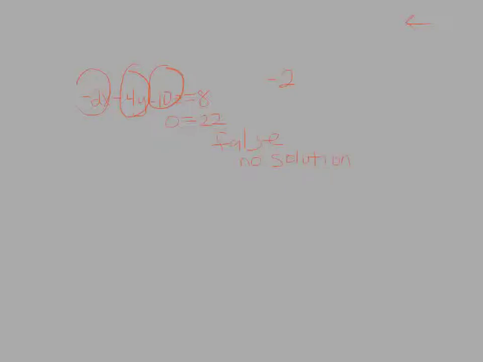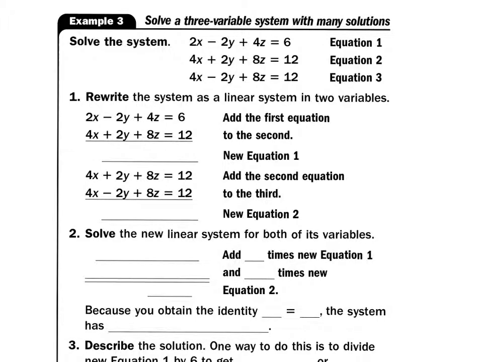Okay, solve a linear system with many solutions. Okay, and I'm not actually going to go through this all, but I am going to show you something real fast. If I take this first equation and multiply by 2, that would give me 4x minus 4y plus 8z equals 12.